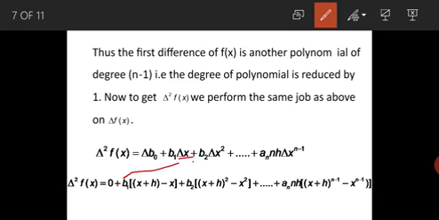So for this formula we are writing, delta of x is nothing but x plus h minus x. So b2 we have kept as it is, delta of x square is x plus h whole square minus x square. Wherever x is there, it is replaced by x plus h. Okay, remember this.